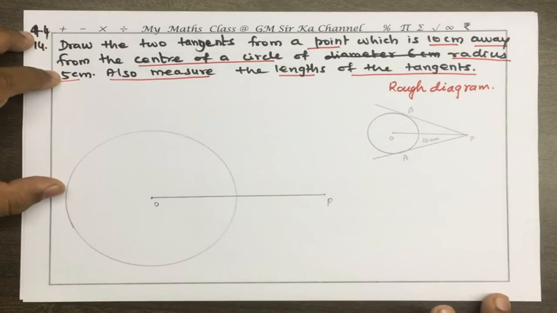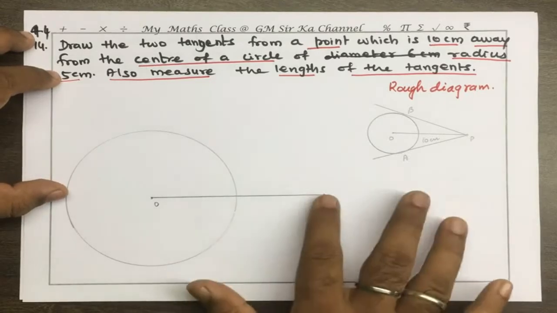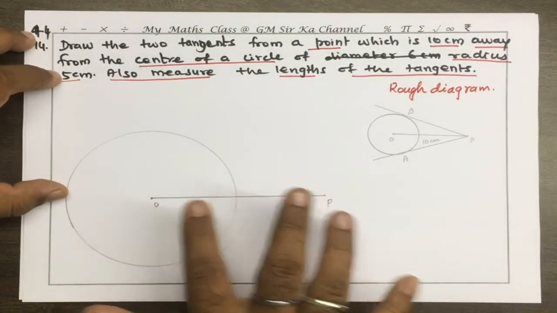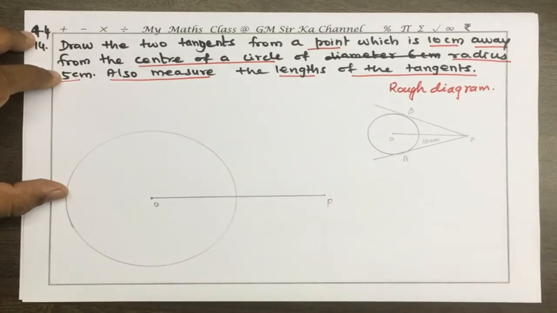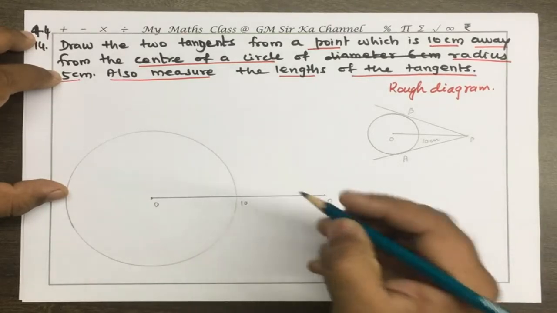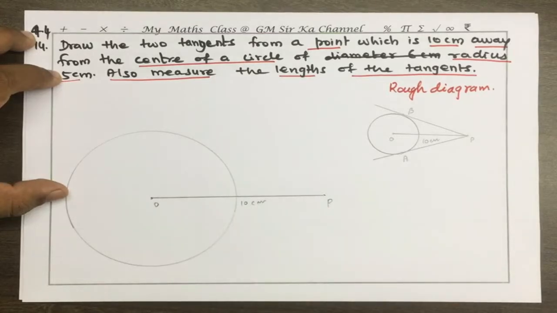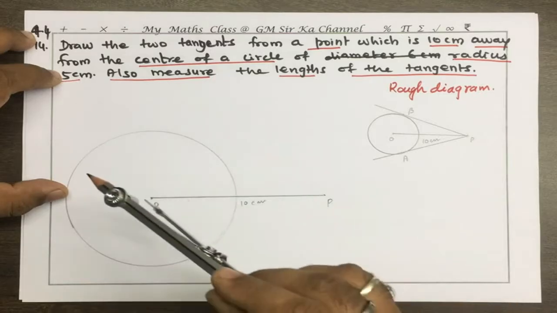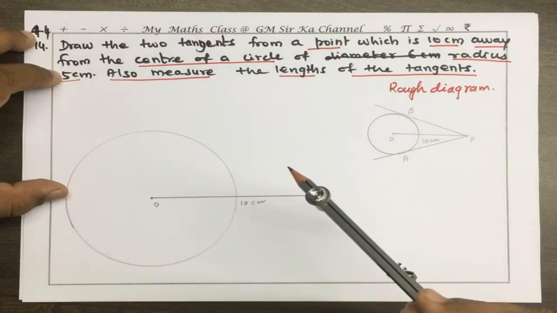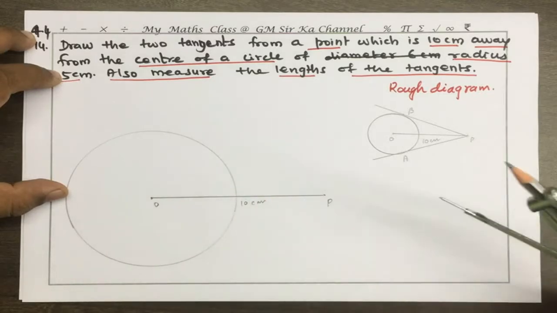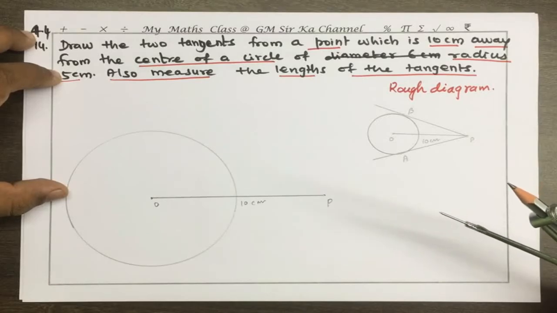So for that we have to bisect OP, and from the point of bisection we have to draw the circle which passes through both the center and the point P, which intersect the previous circle at 2 points.